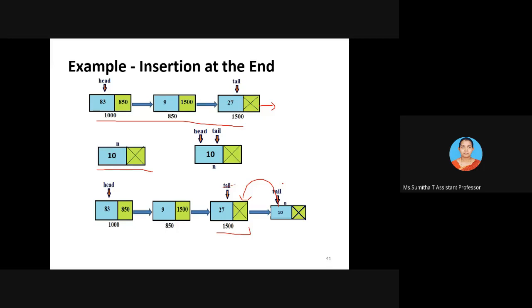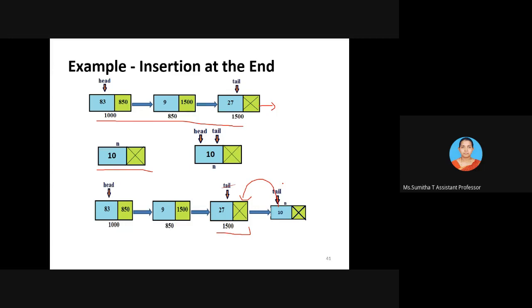For that, we check whether the linked list is empty or not. If it is empty, we insert the new node, and that node alone is the part of the linked list, and it is the head and also the tail. Otherwise, if there are some nodes in the list, we insert at the end position. How?